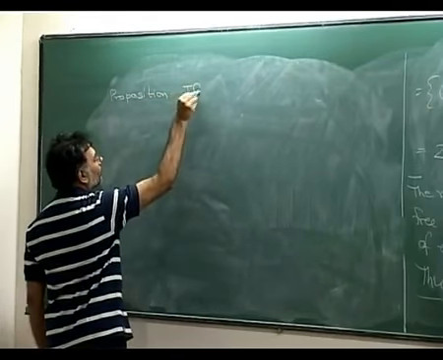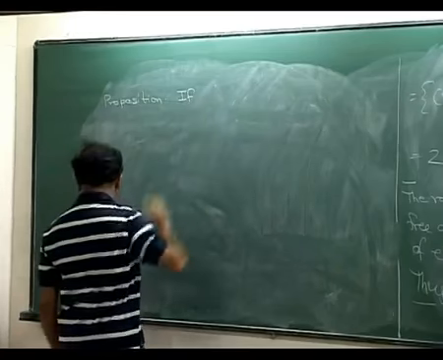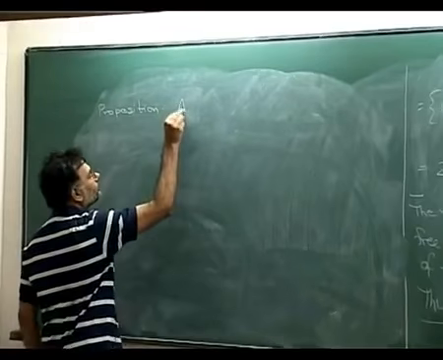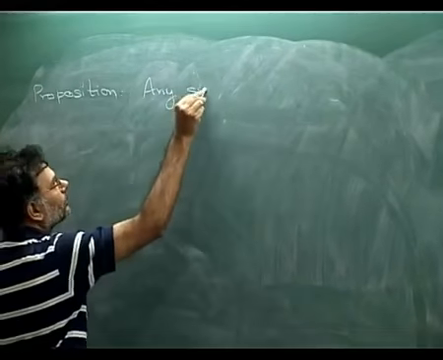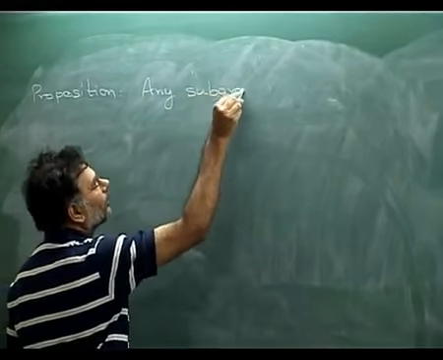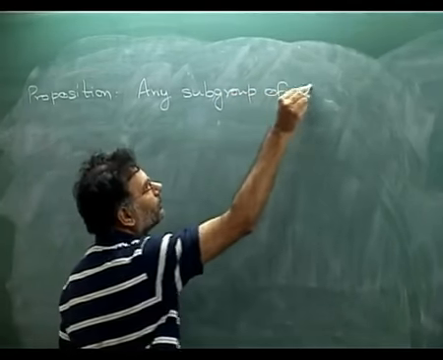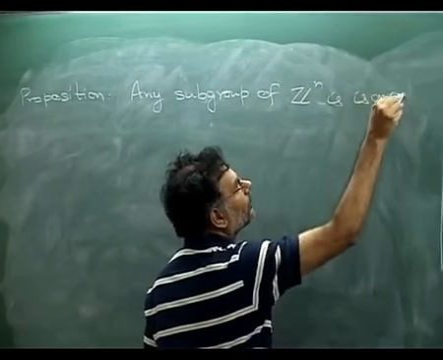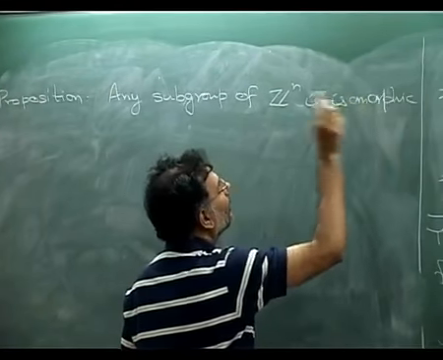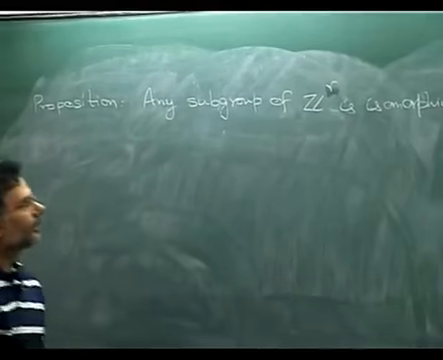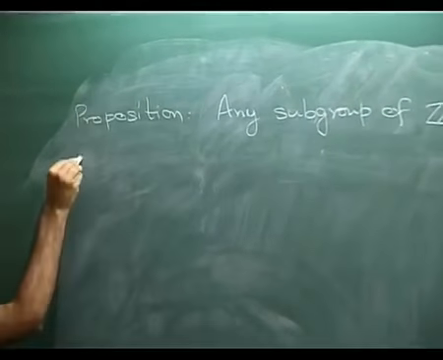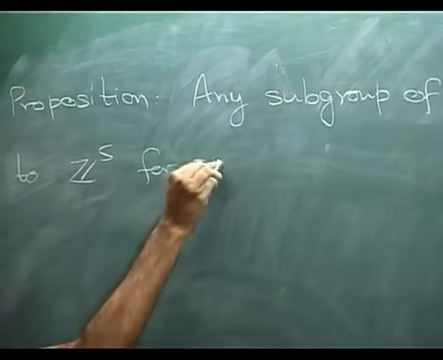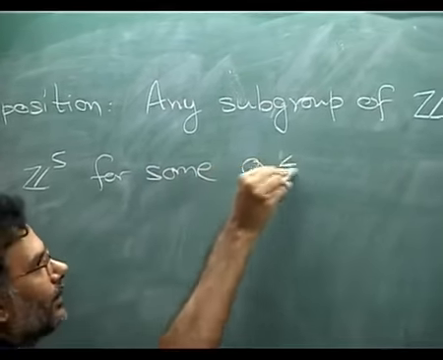Okay, any subgroup of Zr is isomorphic to Zs for some s between 0 and r.